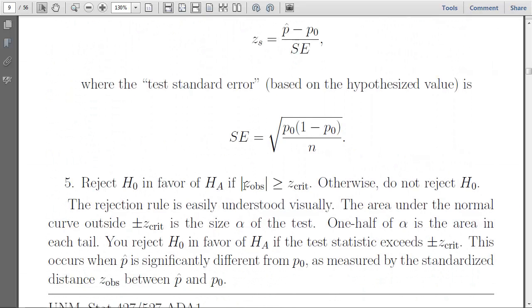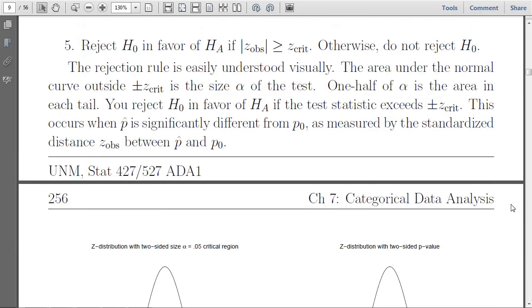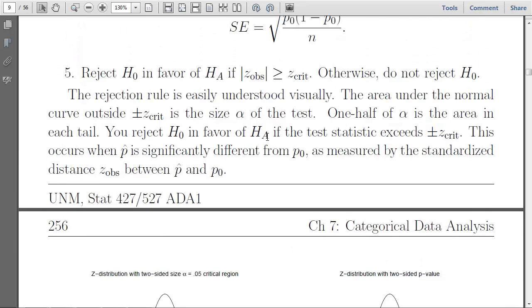If your observed value of our statistic is more extreme than our critical value, then we reject. Alternatively, if your p-value is less than 0.05, your alpha value, then we will reject. And this comment here is about the difference between p naught and p hat in the standard error, which I just emphasized.